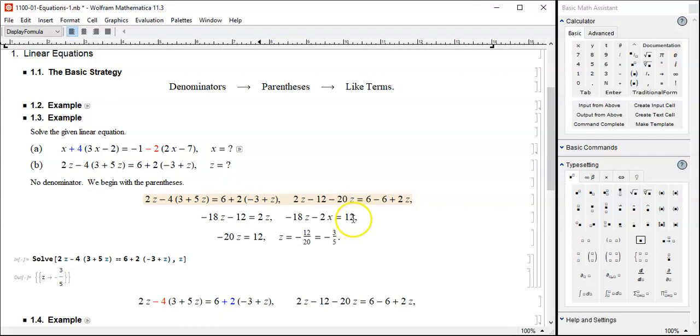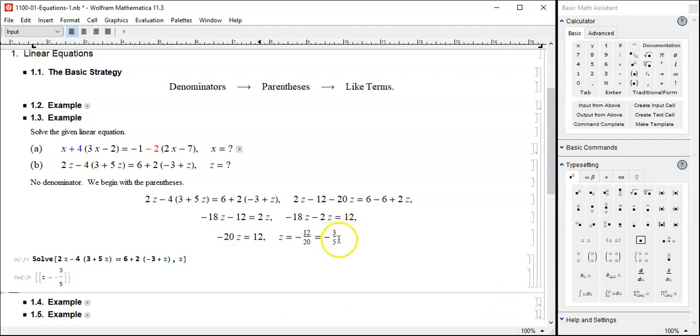And then take the like terms together. And oops, a typo, it should be z, sorry about that. And then take the like terms together, and then divide by the final coefficient. So we have 12 over negative 20, simplify into negative 3/5 after dividing both numerator and denominator by 4.